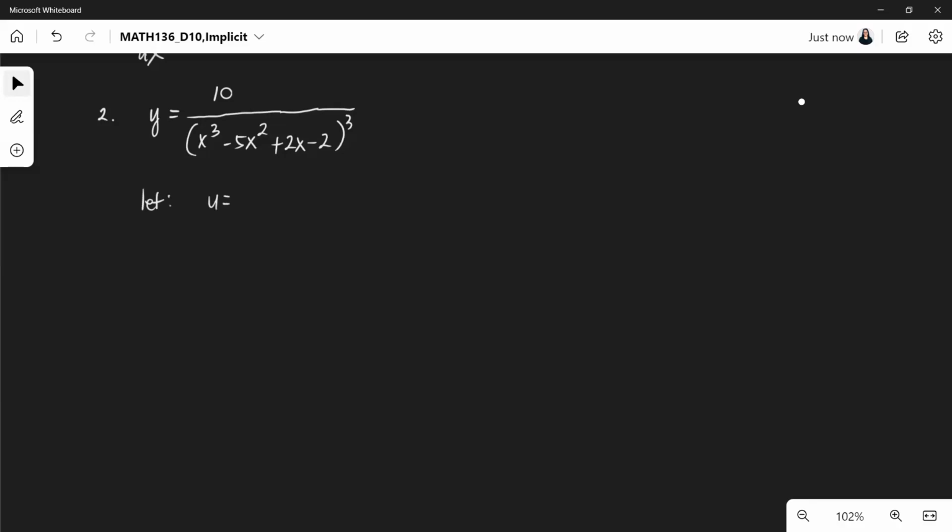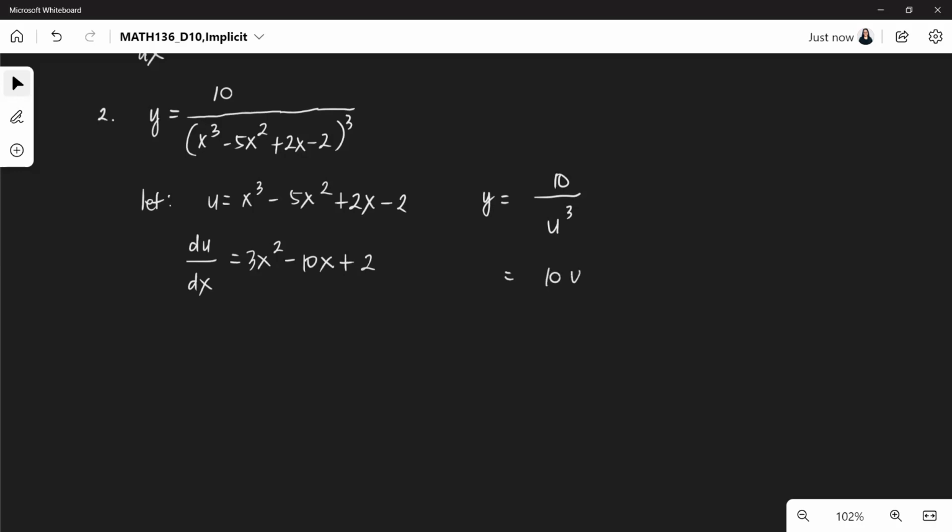We let this polynomial x cubed minus 5x squared plus 2x minus 2 be our u. So we can get its derivative with respect to x. So we have 3x squared minus 10x plus 2. And then y will now be equal to 10 over u cubed. Or you can write that as 10 times u raised to the power of negative 3.